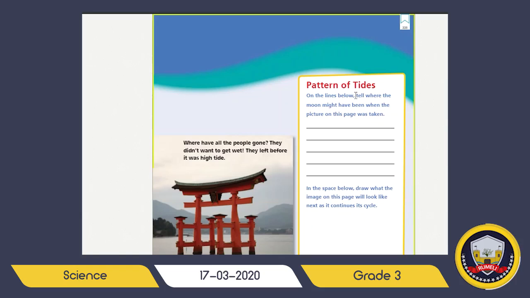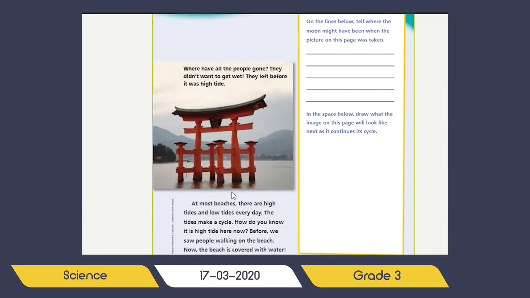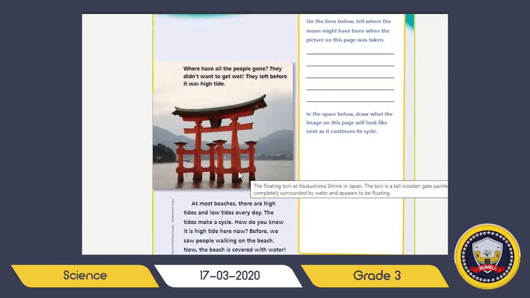On the lines below, tell where the moon might have been when the picture on this page was taken. Where do you think the moon is when this is happening?